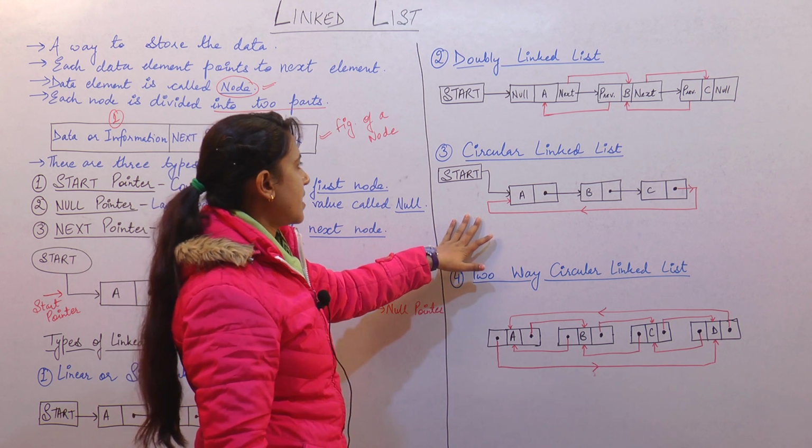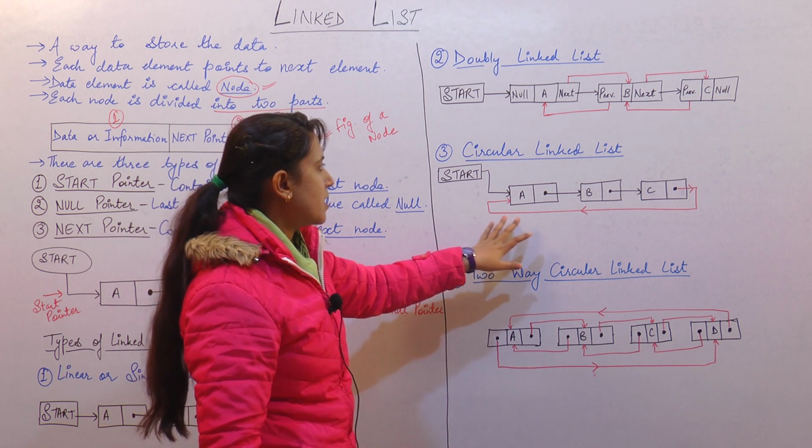Moving towards the third type of linked list is circular linked list.